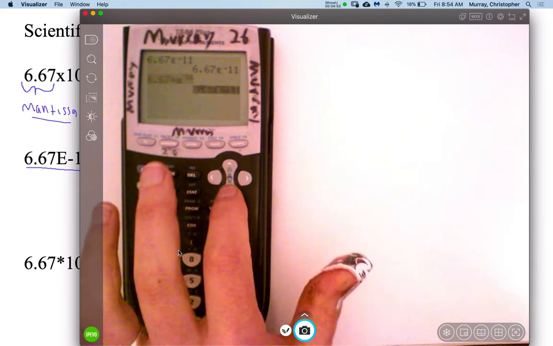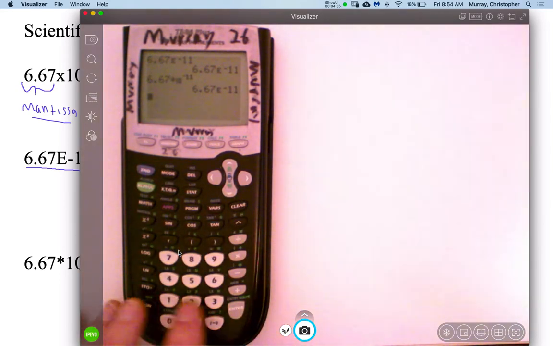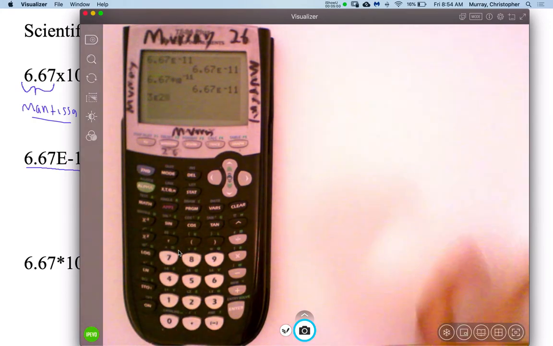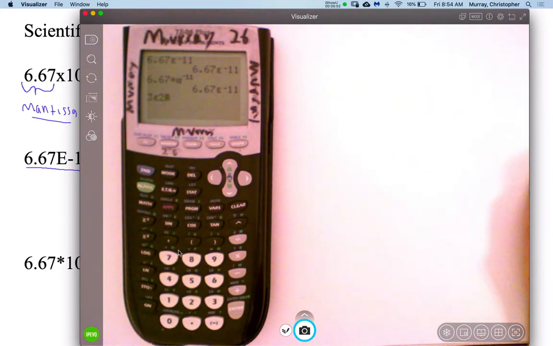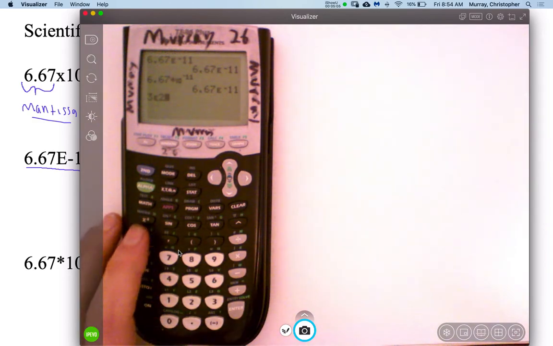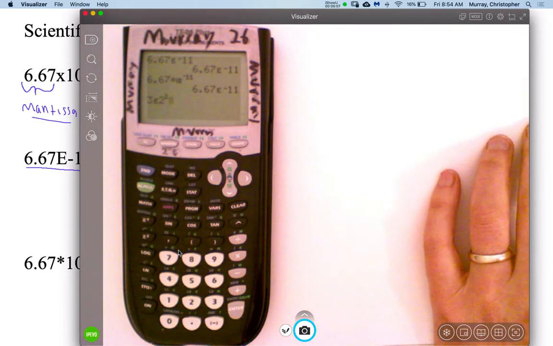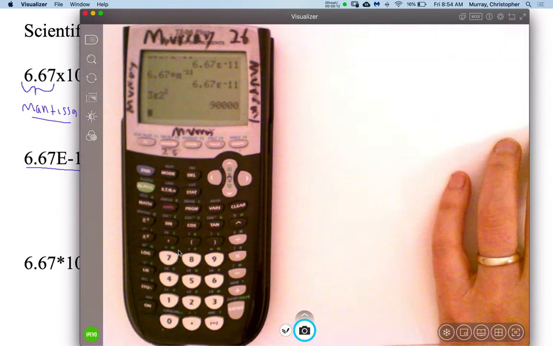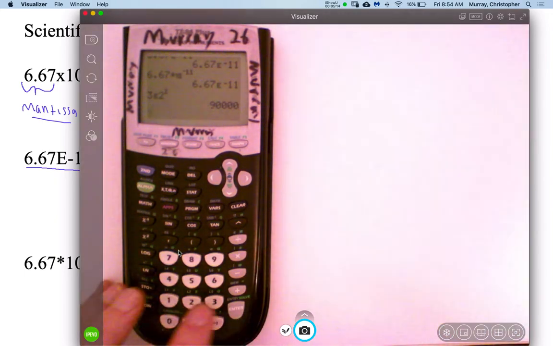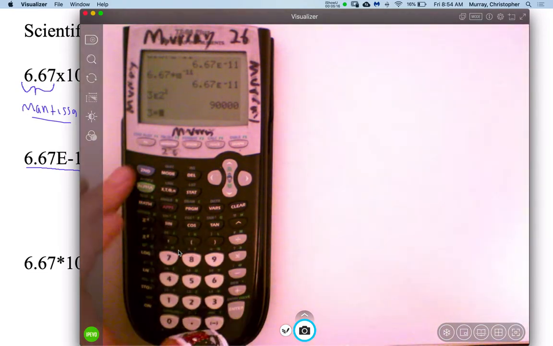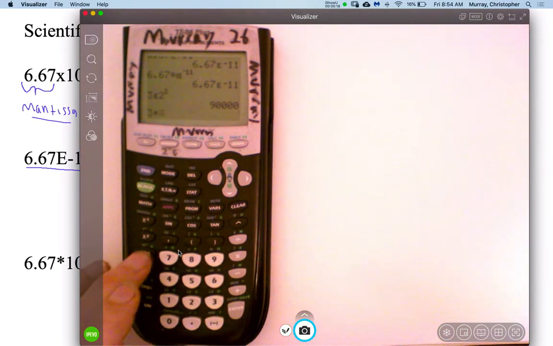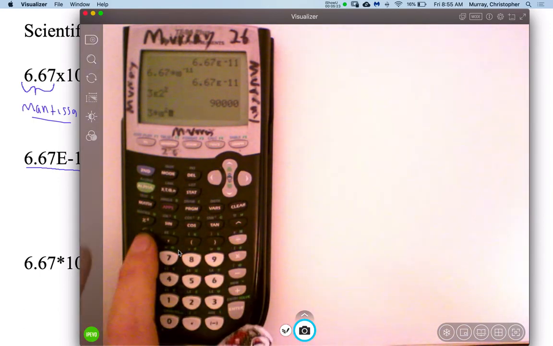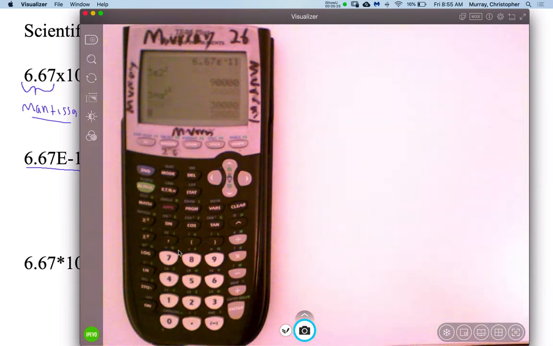Let me just show you this, okay? Let's go 3 times 10 to the second, right? That's just 300, right? Normally we type 300, right? If I square that, it'll square it properly, okay? So 300 squared would be 90,000, right? There it is, right? But if I go 3 times 10 to the 2, and then I square that, okay?